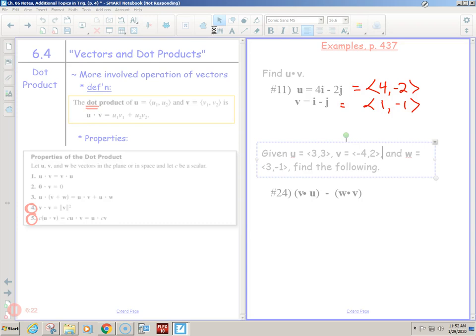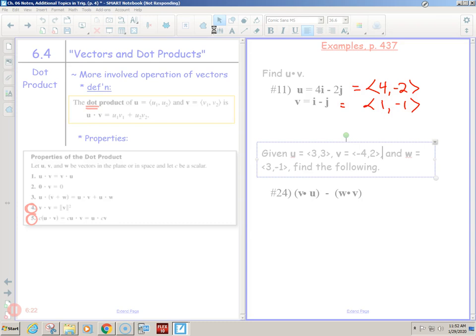We're trying to find the dot product. U dot V equals. And then no components, no i's and j's. The dot product is a single number. It's a single number where you take the x times the x plus the y times the y. It's as easy as that. The x times the x plus the y times the y.